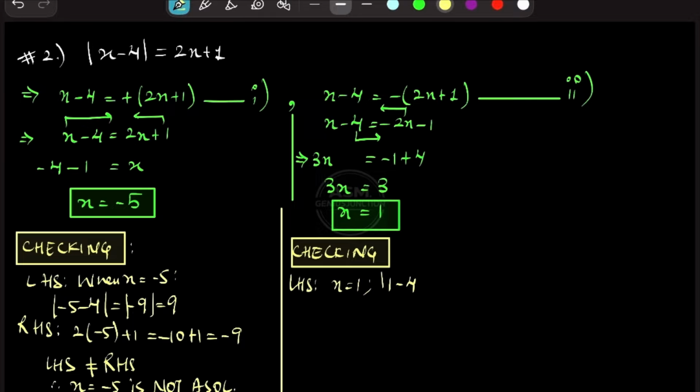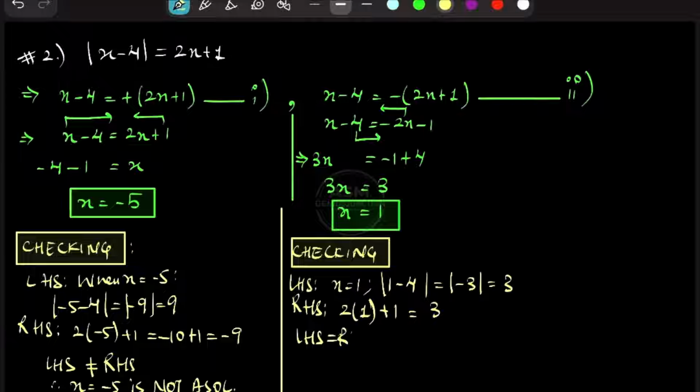This is your mod function, mod of 1 minus 4, so I will be writing it as mod of minus 3, that gives me 3. On the right hand side we are having 2x plus 1, so I will write 2 times 1 plus 1, that will give me 3. So LHS is equal to RHS. Therefore, x equals 1 is the solution, right?